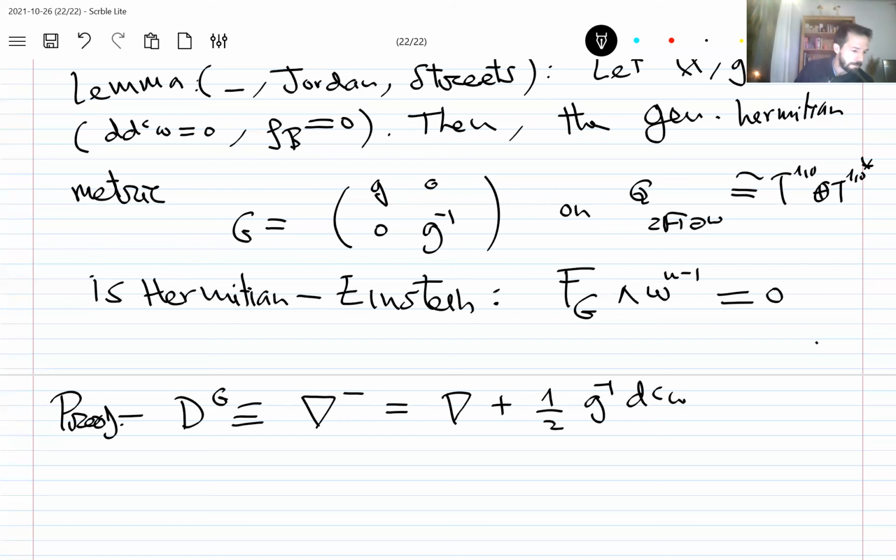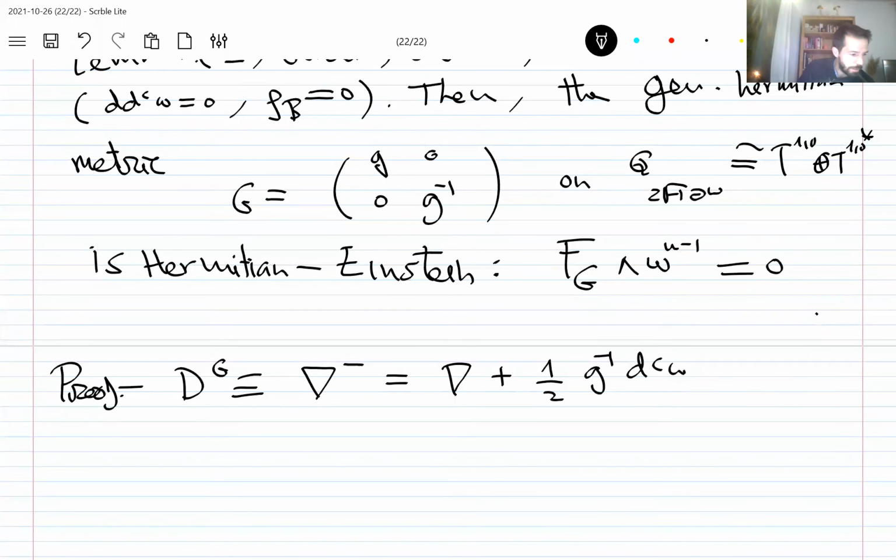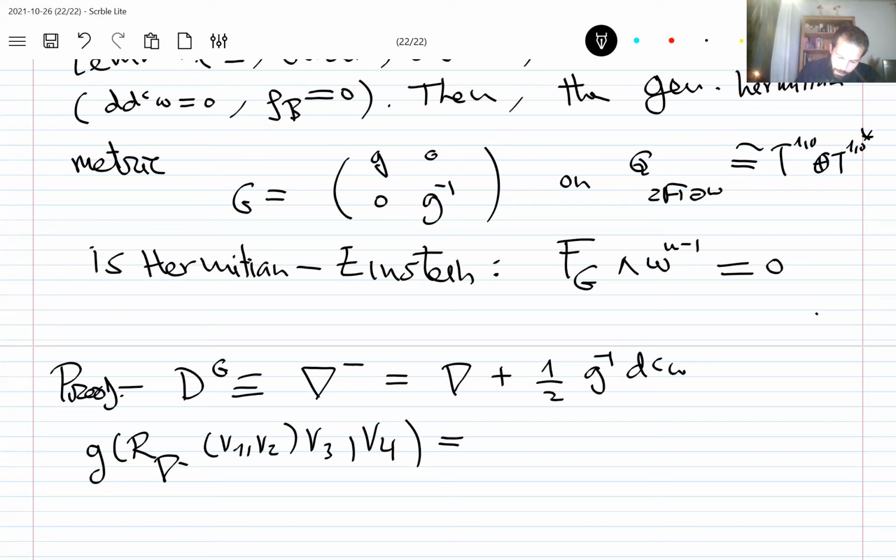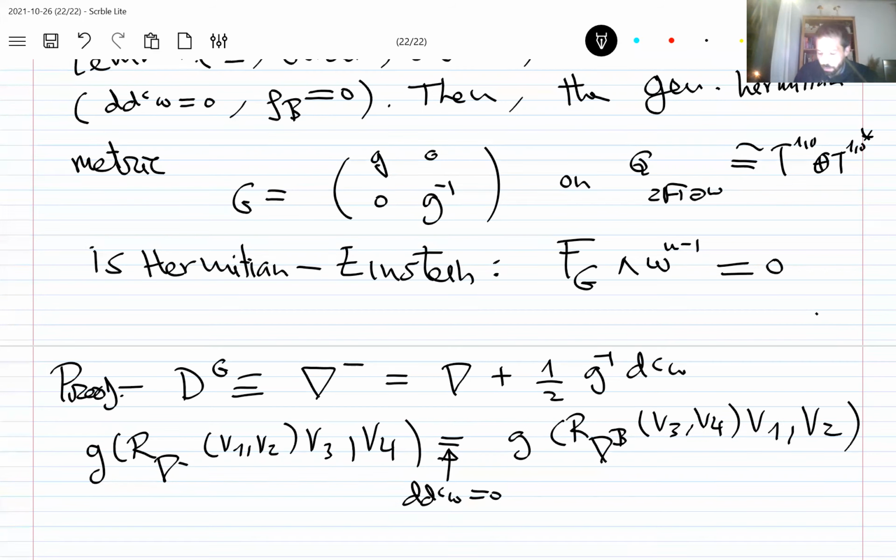And now there is this magical formula which tells you that g of the curvature of nabla minus of B1, B2, B3, B4 equals, because dd^c omega equals 0, g of R nabla Bismuth of B3, B4, B1, B2.